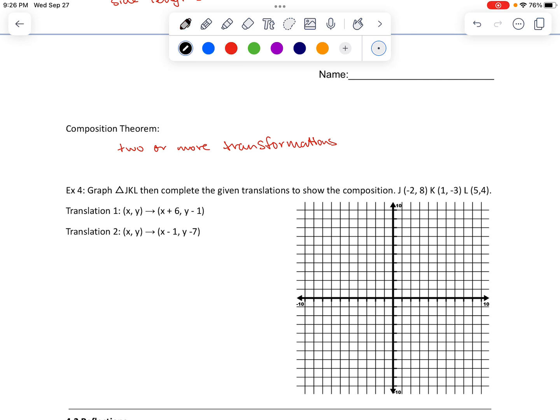So on the original, I've got -2, 8. Make sure I label it. 1, -3. That's K. Not a prime though. Sorry. And then I've got 5, 4.